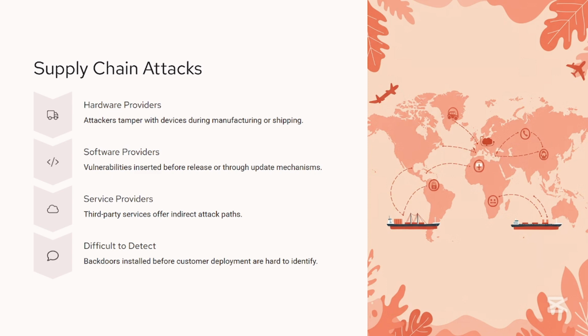As we have seen in the case of hardware products, they can be tampered with while still being manufactured or during shipping. With software providers, vulnerabilities can be inserted before the release of the software product and before its delivery. So this gives an indirect attack path to the attacker into your system.